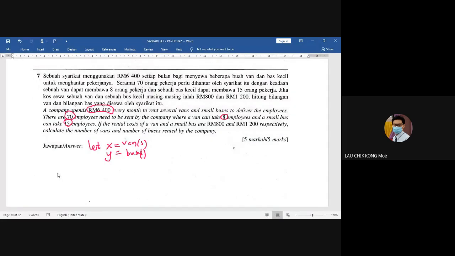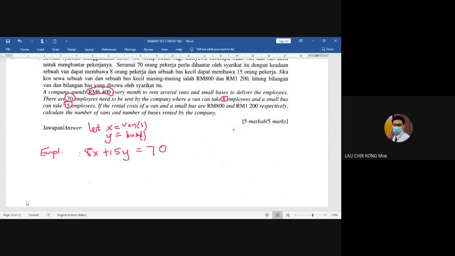So first of all, we have 70 employees. This is about the employees. Okay. So van dia boleh ambil 8 orang. So 8X lah. Satu van 8 orang. Plus 15 for the bus. So 15Y equals to together is 70 employees.